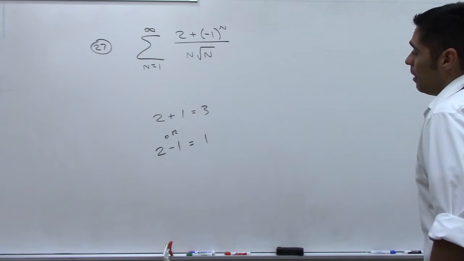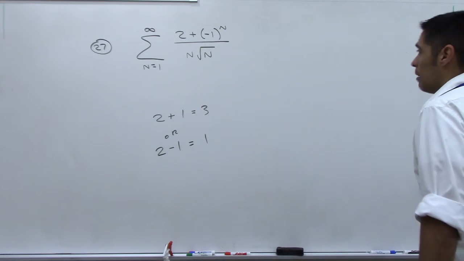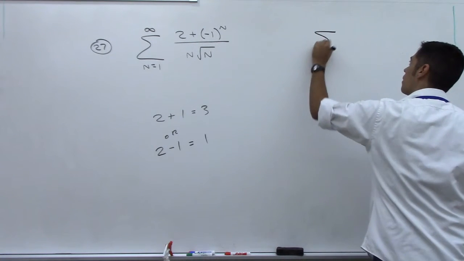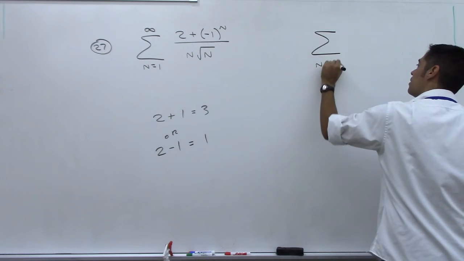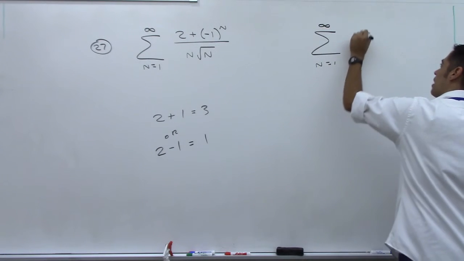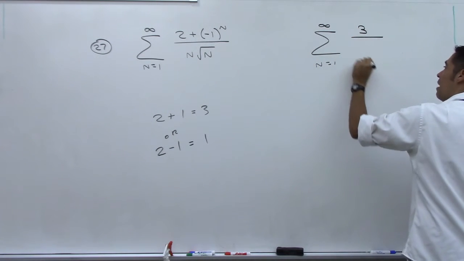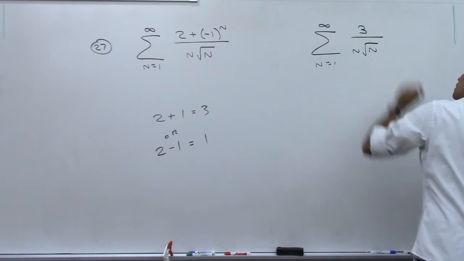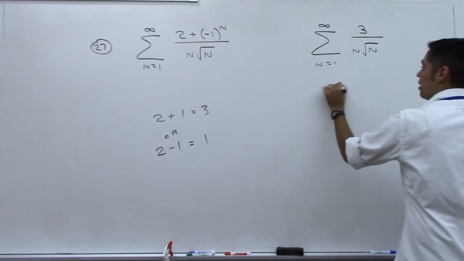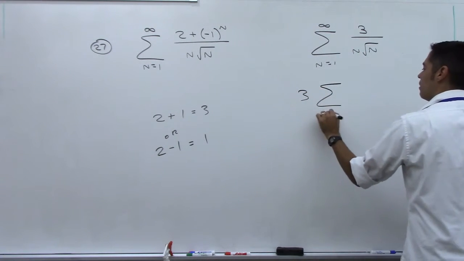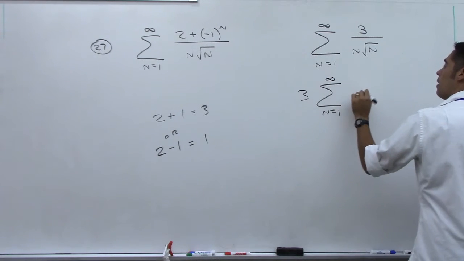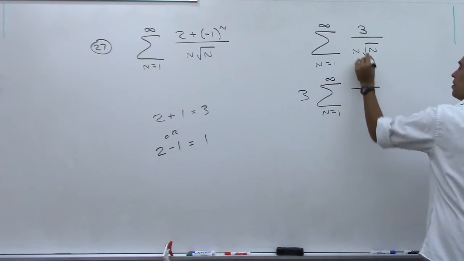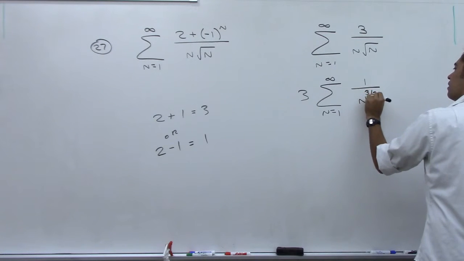So I'm going to try and compare it to something. I'm thinking worst case scenario here is that we've got something like a 3 on top and then n root n. And then I can pull the 3 out. 1 over, and then this is really n to the 3 halves.